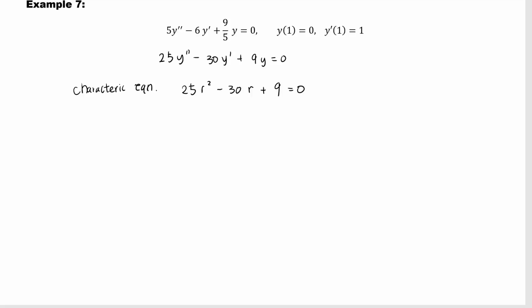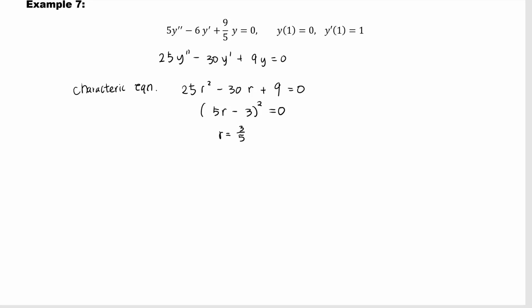Do you realize 25 is 5 squared and 9 is 3 squared, and 30 is 2 times 3 times 5? So this is actually (5r minus 3) squared. So we get a repeated root. r is 3 over 5.